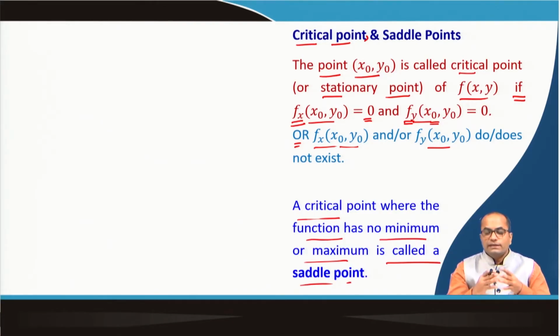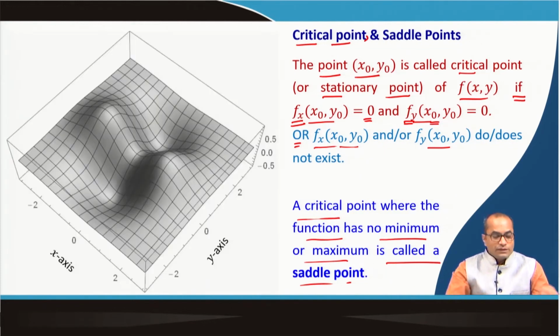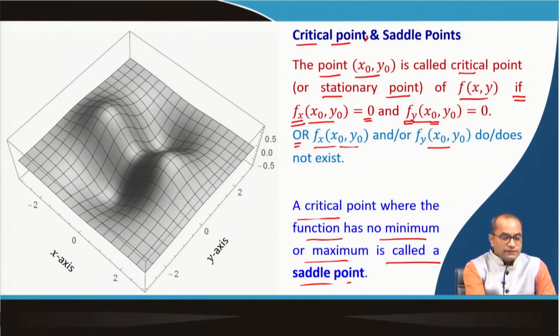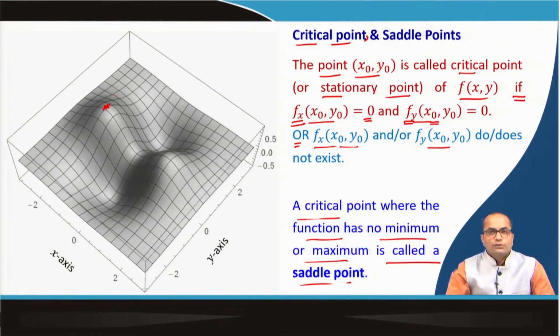So, as I said, these critical points will be the candidates for local maximum and minimum, but there will be some critical points where no maximum, no minimum exists, and such points we call saddle points. We can also observe in this surface plot that this will be a critical point, as we will see in the evaluation in the next slides.